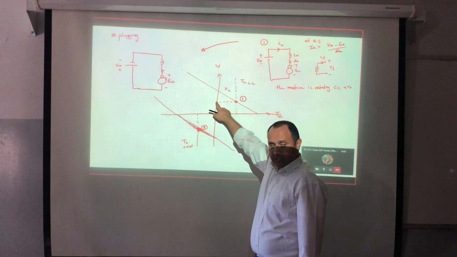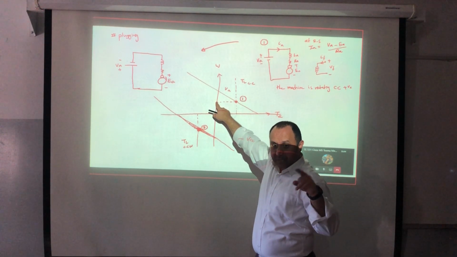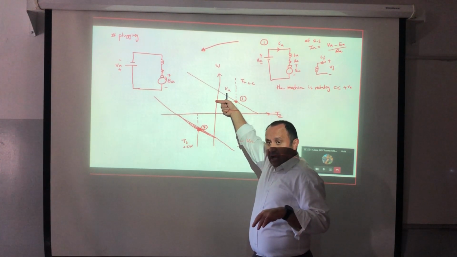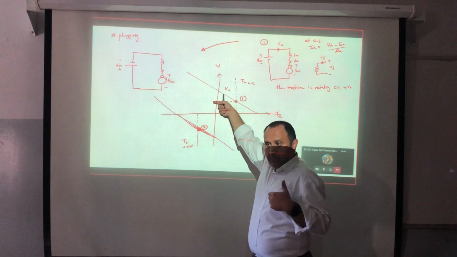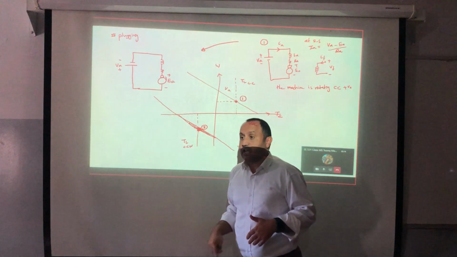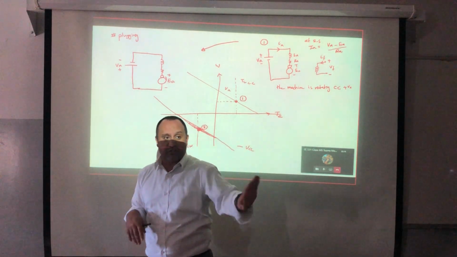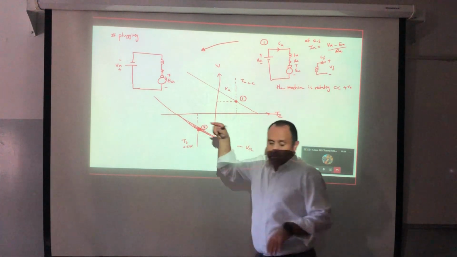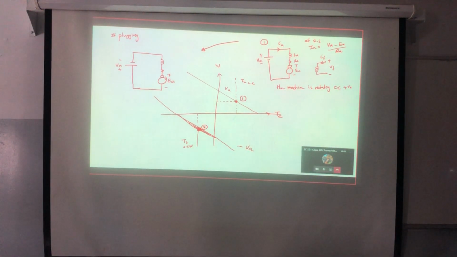At this 0, the machine is what? VA is equal to EA at this point, correct? And the current is equal to 0. Then the machine will build a negative current. You know that I cannot go from positive to negative without crossing the 0. So crossing the 0, the machine will build a negative or braking current in the opposite direction.